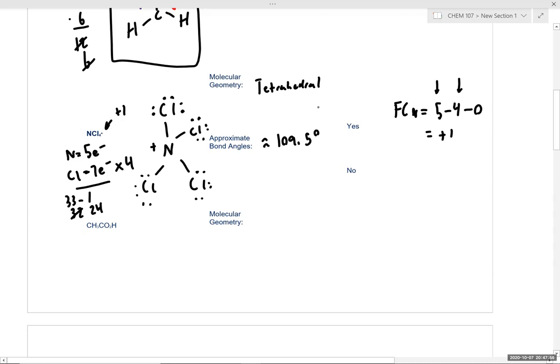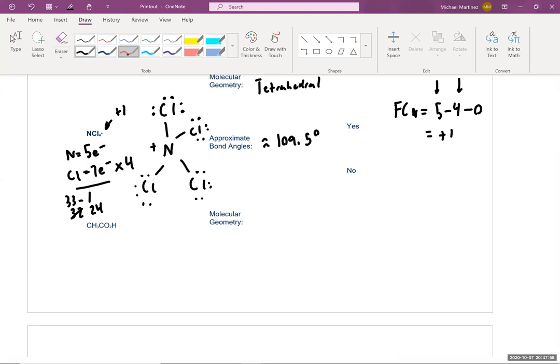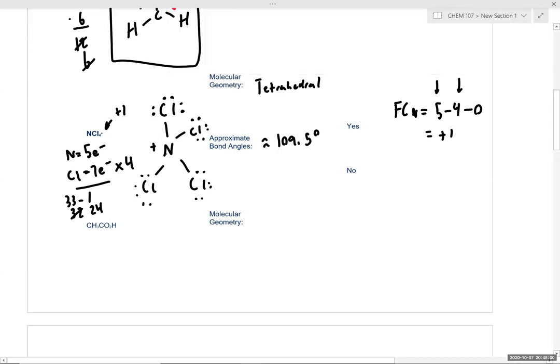Now, in terms of polarity, this molecule does have polar bonds, but are all of our polar bonds arranged symmetrically? Are all of the bonds to our central atom the same? They're all the same. They're chlorine. Yep.